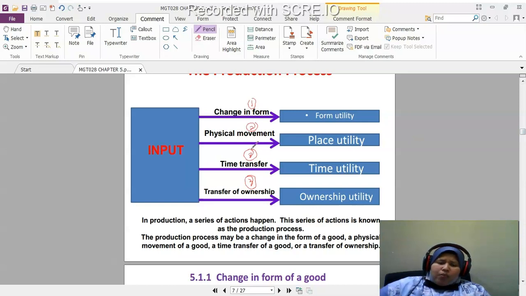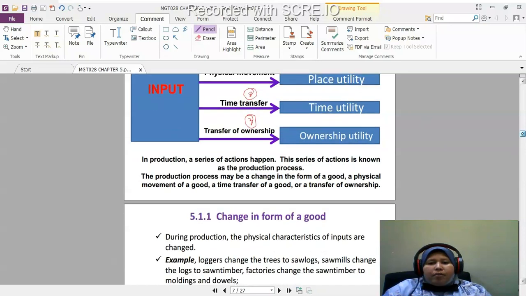So let's look one by one at what is meant by form utility, place utility, time transfer, and transfer of ownership. In production, a series of actions happen. This series of actions is known as the production process. The production process may be a change in the form of a good, a physical movement of a good, a time transfer of the good, and a transfer of ownership.